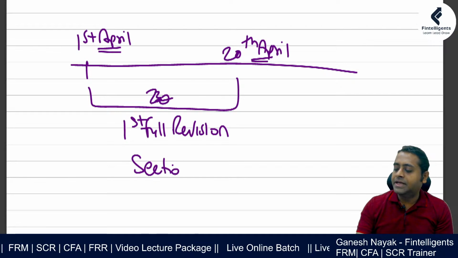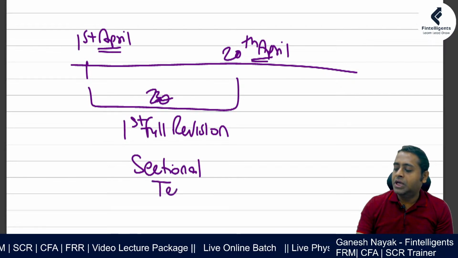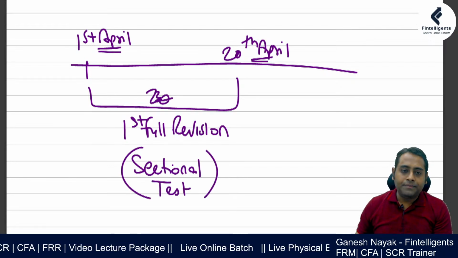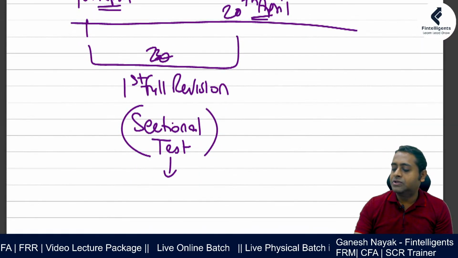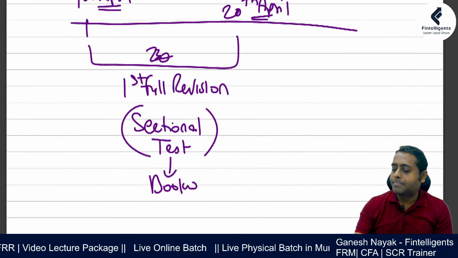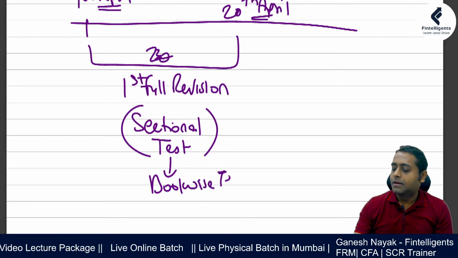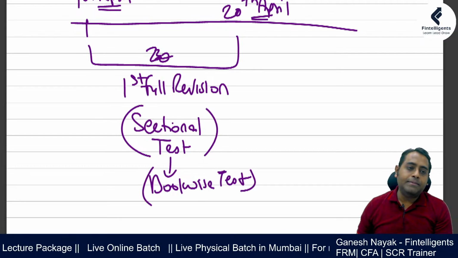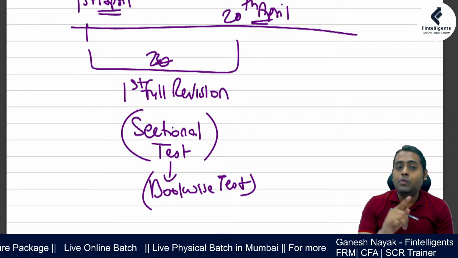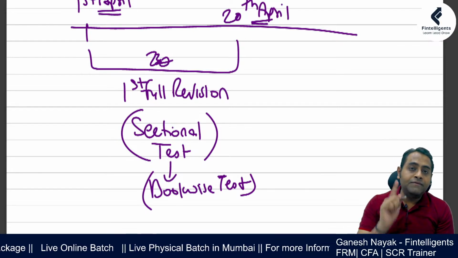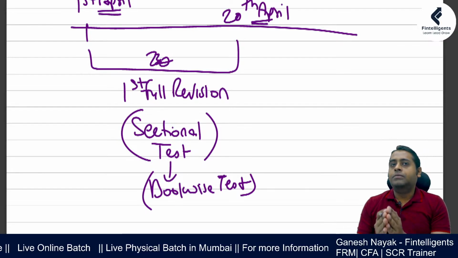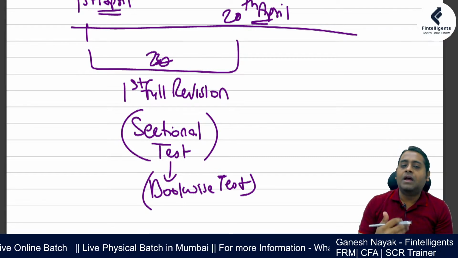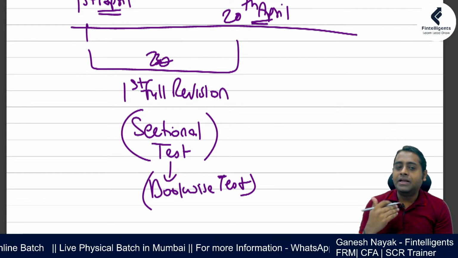What is the sectional test? Sectional test means you're giving a test for the entire book. Generally people call the sectional test as book wise test. I'll also tell you what should be the order of revision, which topics generally from the book 3 and book 4 perspective are higher, so you should be looking at it in a particular order.